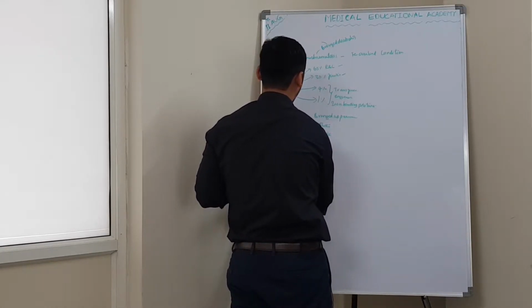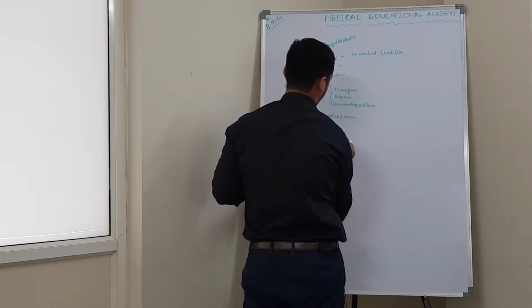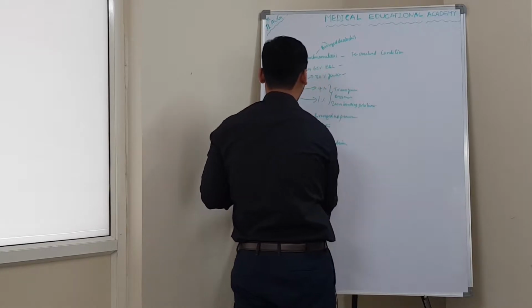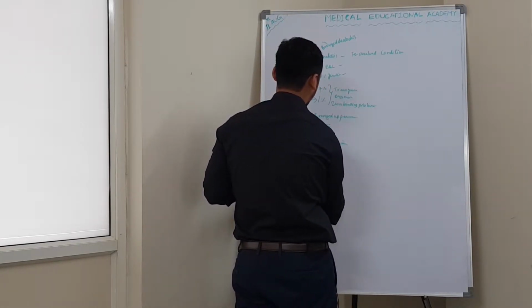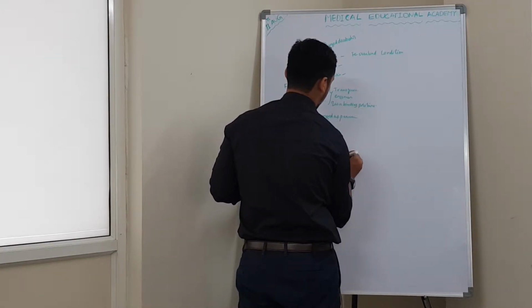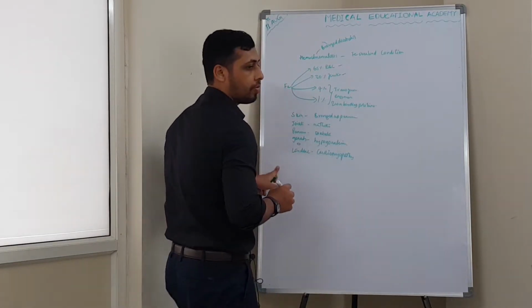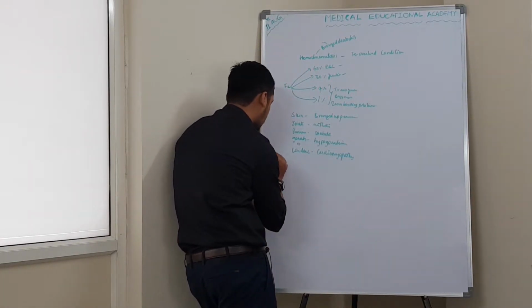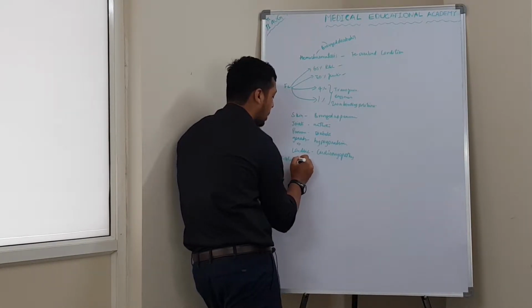And if it is in the gonads, hypogonadism. And if it is in the heart, cardiomyopathy, right? So reversible conditions you have to remember: the conditions which will respond to iron chelation.